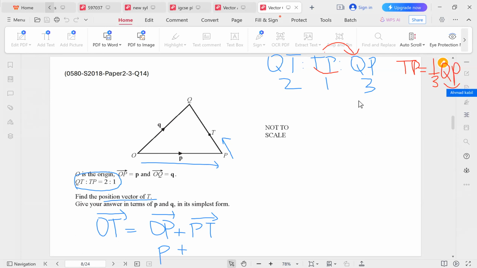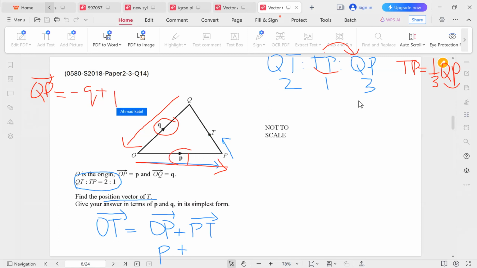Now we need to get vector QP. So to get vector QP, you move from Q to P. So from Q to P, that would be negative Q, because we're moving opposite to Q, plus positive P, because we're moving in the same direction as P. So now that we have QP, we can get TP as 1 over 3 QP.